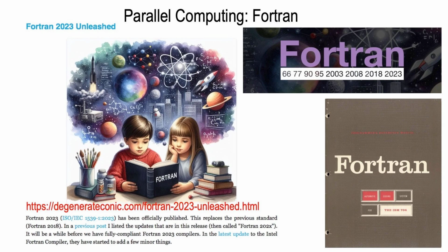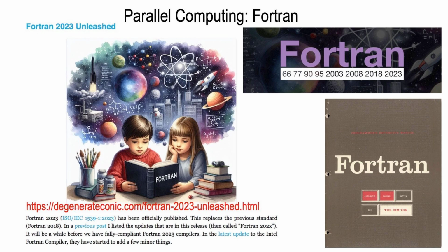While widespread adoption of fully compliant Fortran 2023 compilers is pending, recent updates to the Intel Fortran compiler have incorporated some minor additions. Of particular interest in Fortran 2023 are new functions like split and tokenize, tailored for efficient extraction of tokens from strings.